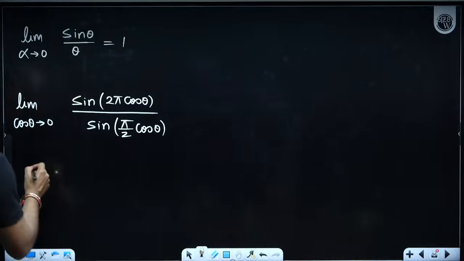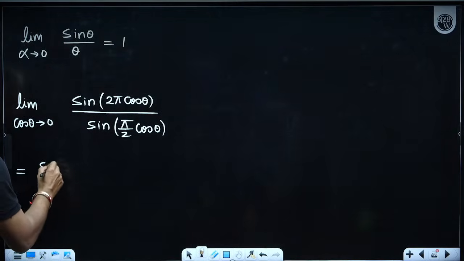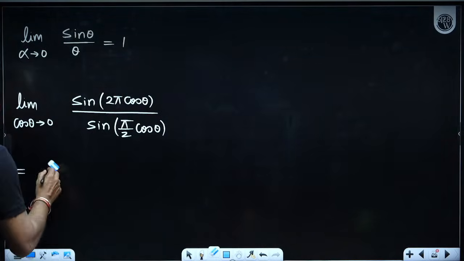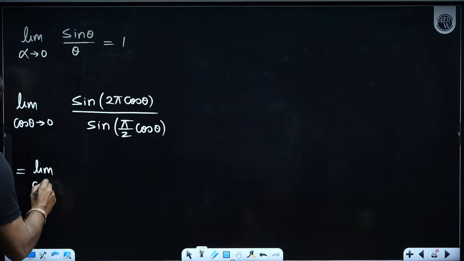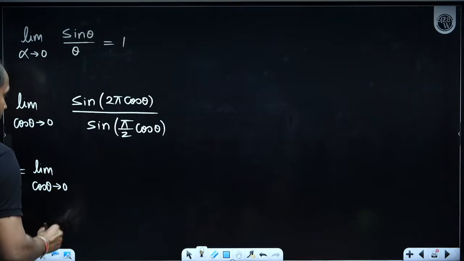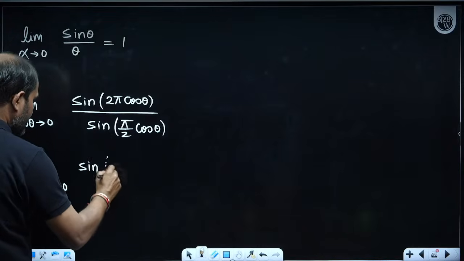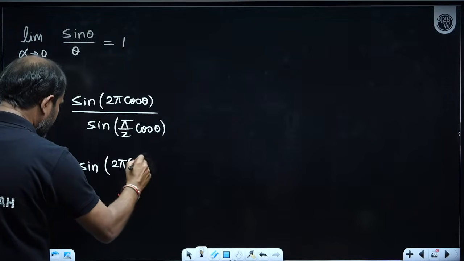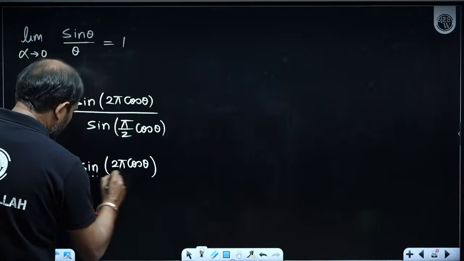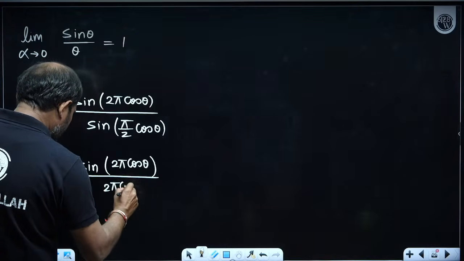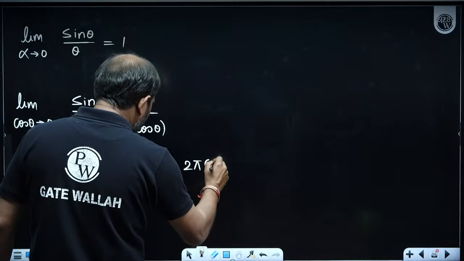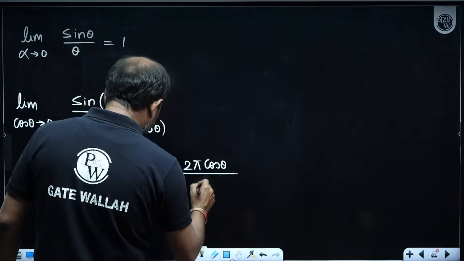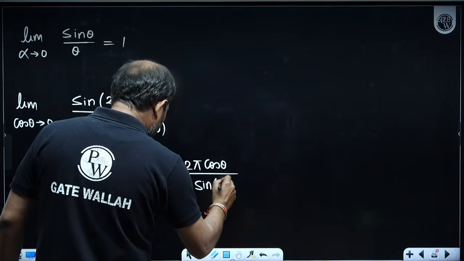So what I will do is divide and multiply. Limit cos theta tends to 0, sin 2 pi cos theta divided by 2 pi cos theta, into 2 pi cos theta divided by sin pi by 2 cos theta.